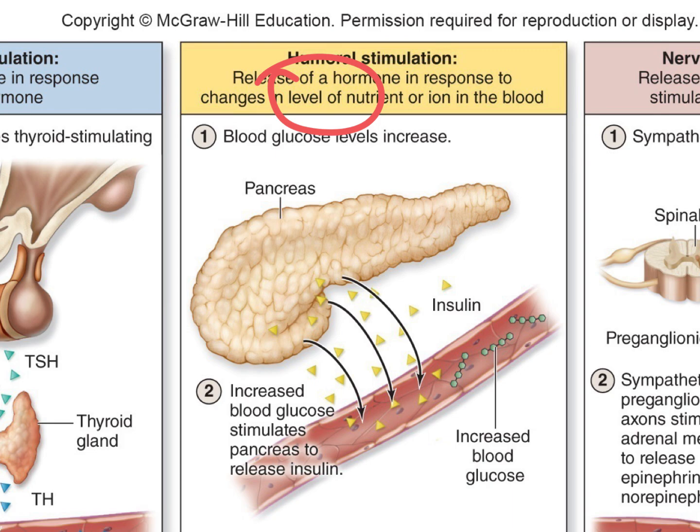In response to those increases in water and blood volume, your body releases aldosterone. Aldosterone helps lower your blood pressure by producing more urine. But the stimulus is nothing other than changes in the levels of something in the blood. So calcium and insulin are probably the best examples of humoral stimulation.